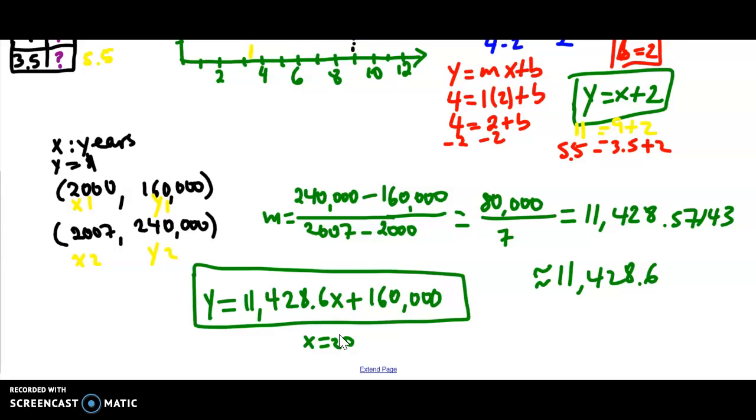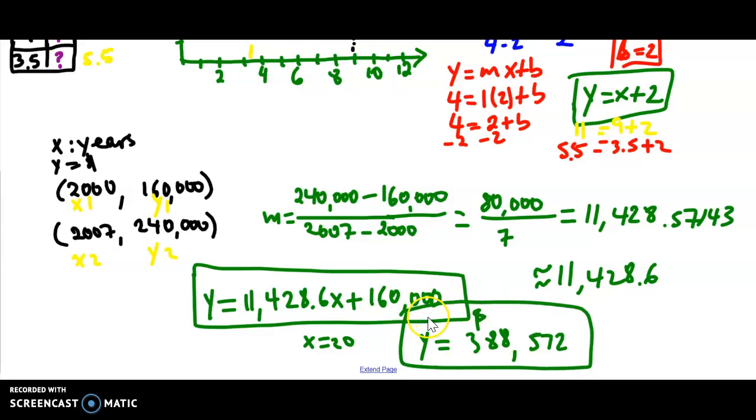So let's do it anyway. 11,428.60 times 20. And then if you add 160,000, that's going to give you that a median value of a house nowadays would be $388,572, according to this model.